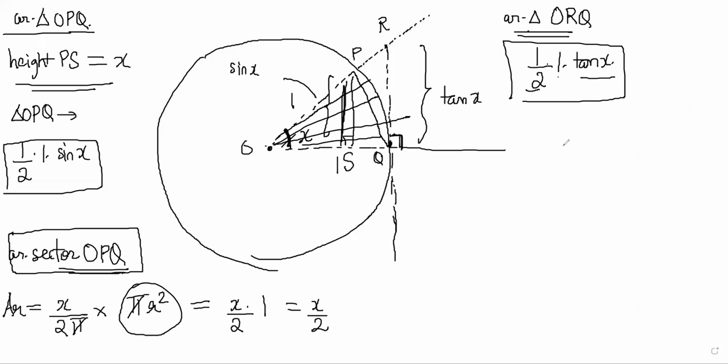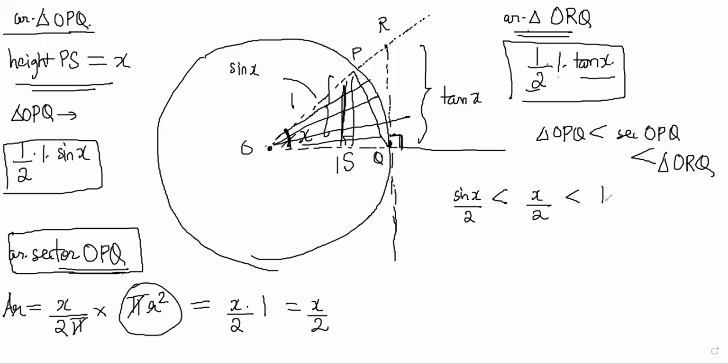Now you can easily see, by the diagram itself, that triangle OPQ area is less than sector OPQ area, which is less than ORQ triangle area, right? That is obvious, no? So basically you can say sin x by 2 is less than x by 2 is less than tan x by 2.